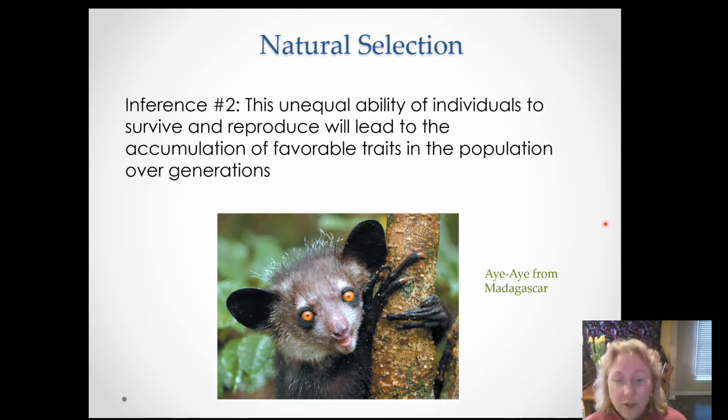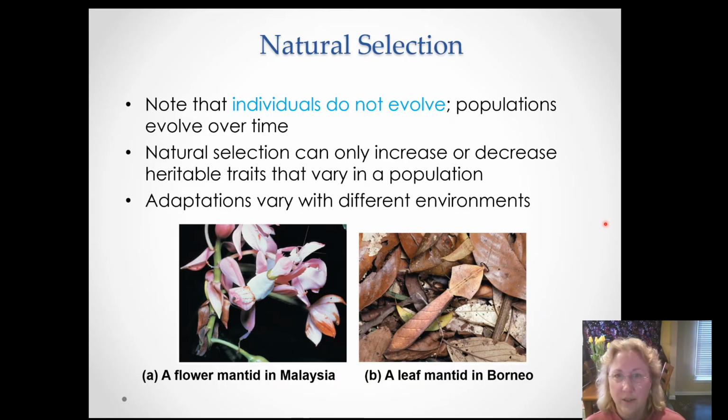It's not individuals that are changing, it's the population and which traits we see in a particular population that's going to change. And this is different from what others who thought evolution was occurring thought. So Lamarck, who we'll talk about, thought individuals evolved and adapted to the environment. And Darwin said, no, new traits appear. New traits may or may not be adaptations.